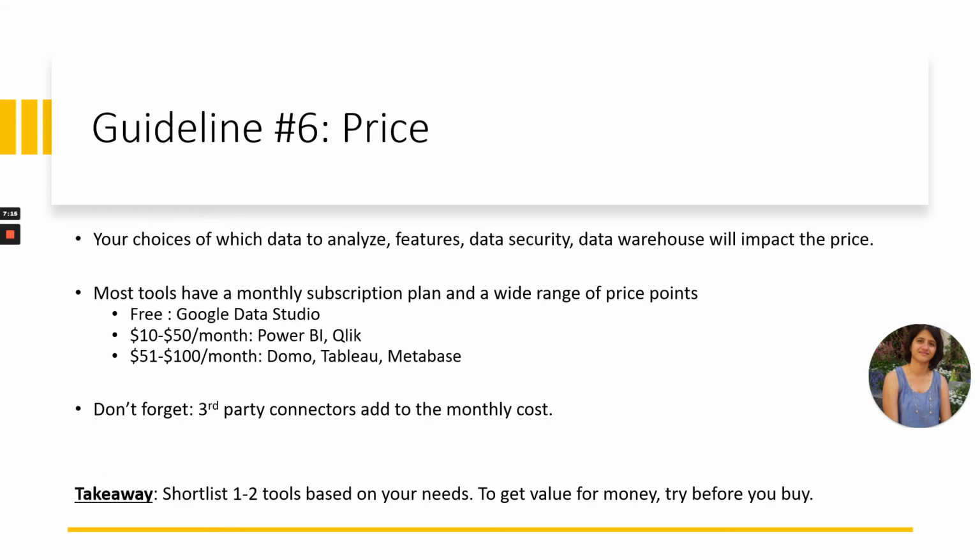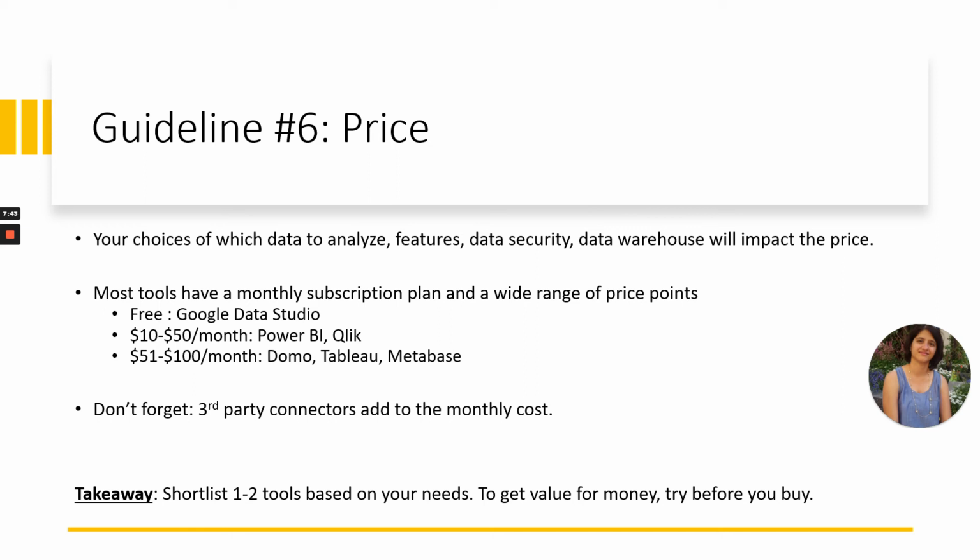Guideline 6 is some thoughts on one of the most important determining factors, the price. So your choices of what data you want to analyze, what features you want from the BI tool, what data security and privacy you need, and whether or not you need a data warehouse, all of these choices are going to impact your price, what you pay monthly for the tool.